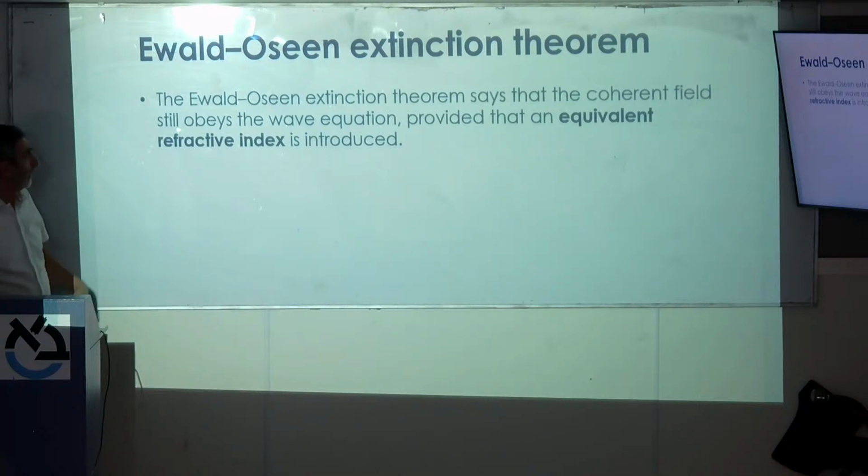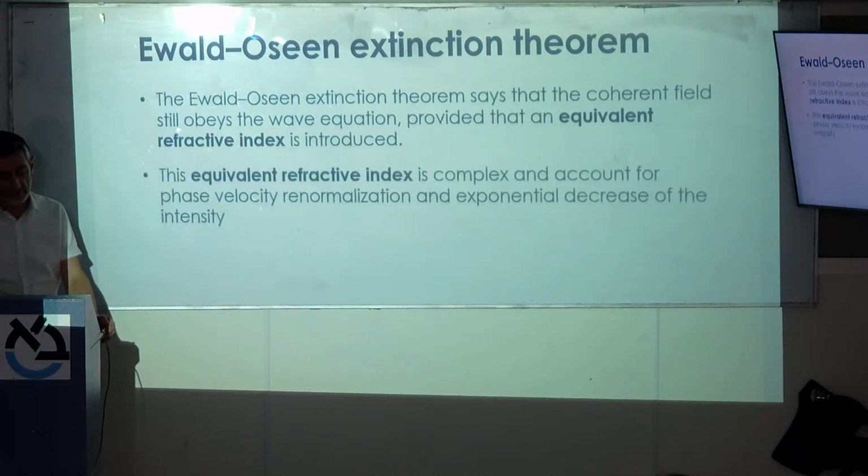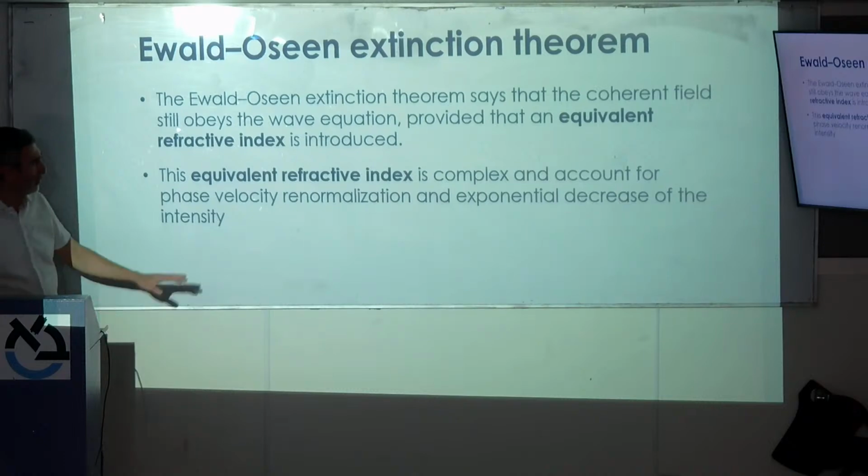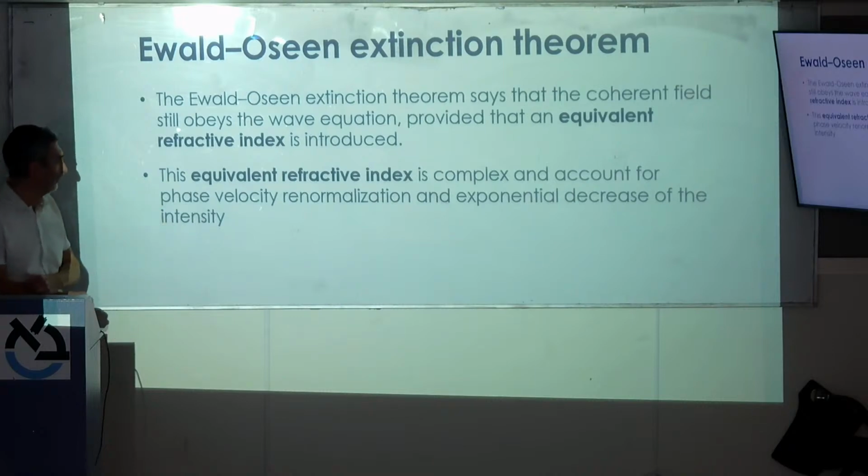So the conclusion of this theorem is that the current field still obeys the wave equation, but you have to introduce the refractive index to reduce the speed of light inside the medium. I will show you how this refractive index comes into the picture.